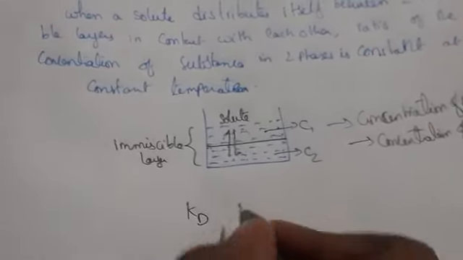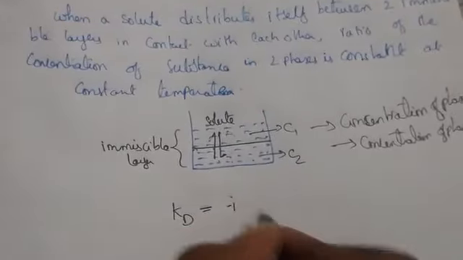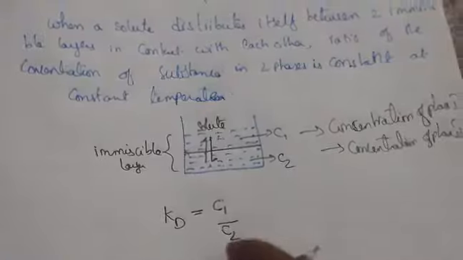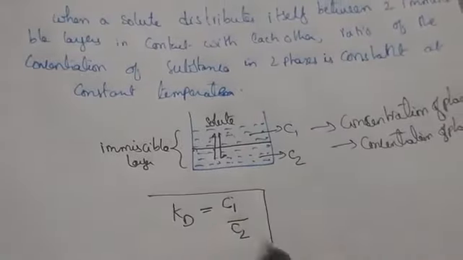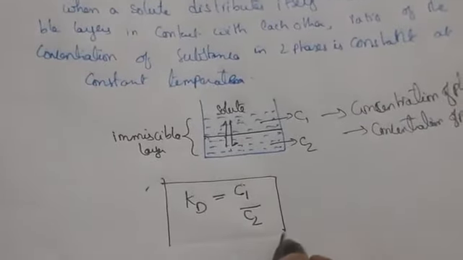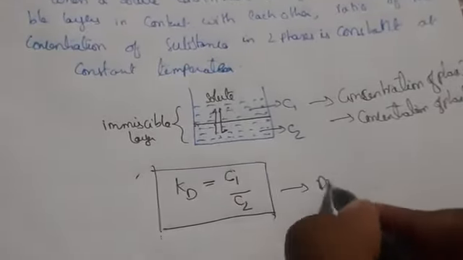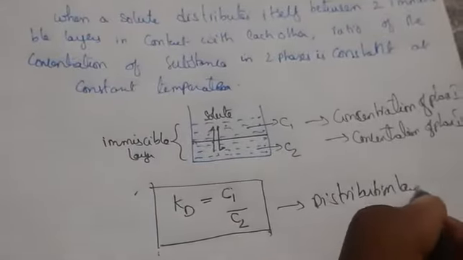At constant temperature, the ratio of concentration of a substance in two phases is constant, and we call it the distribution law. So what is the distribution law here?